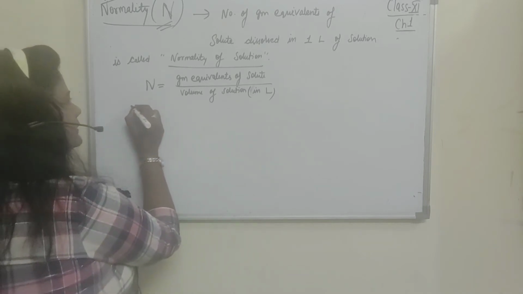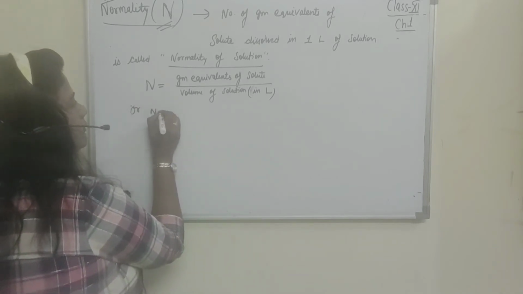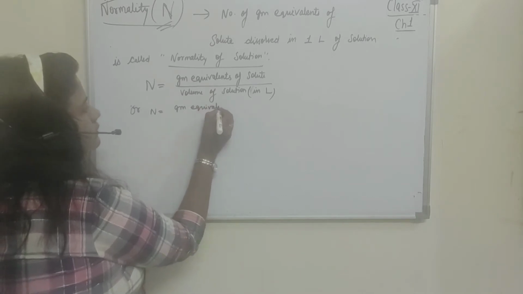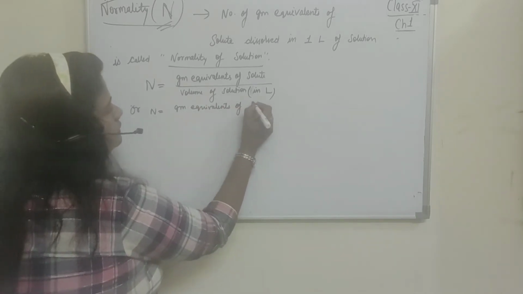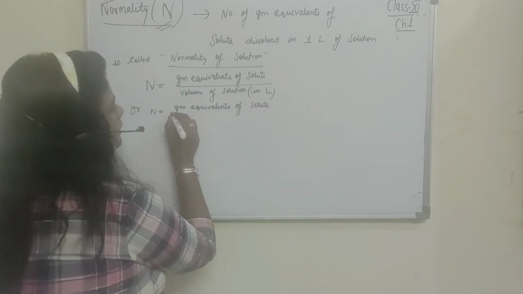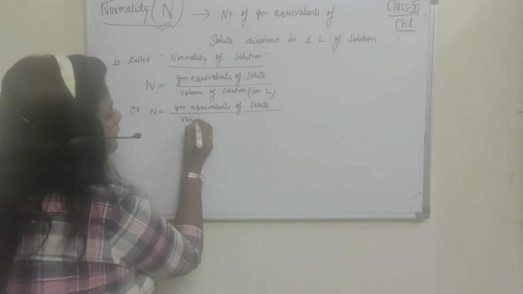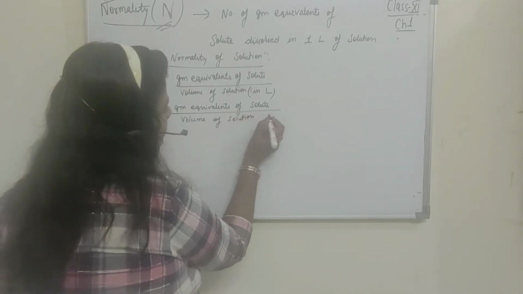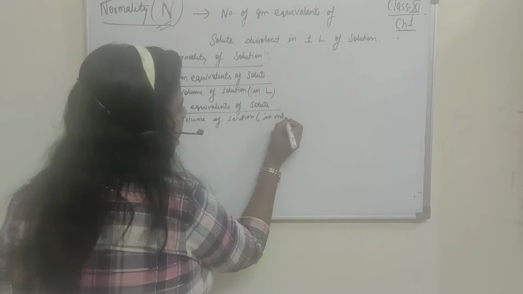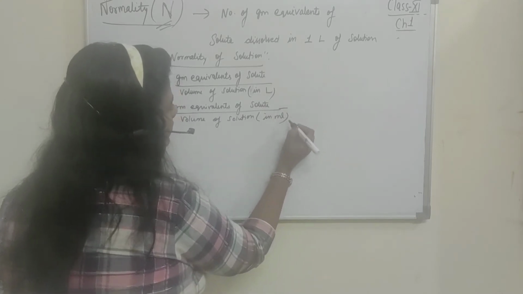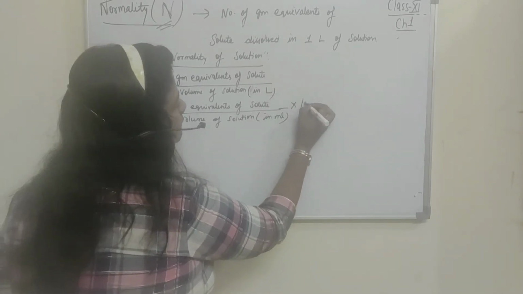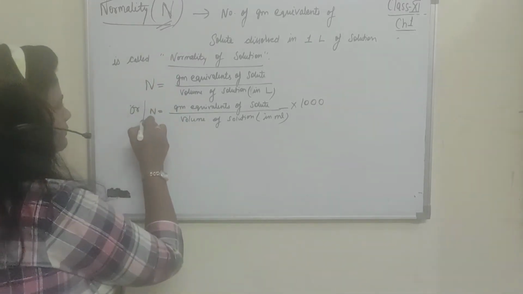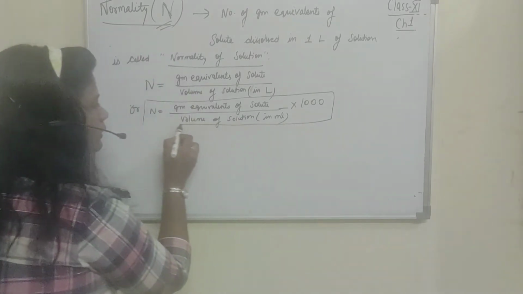Or we can write capital N equal to gram equivalent of solute divided by volume of solution. If it is given in ml, then you have to change it into liters by multiplying by 1000. This is the formula to calculate normality.